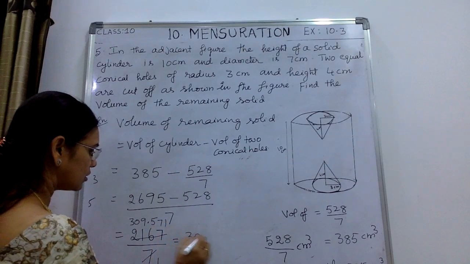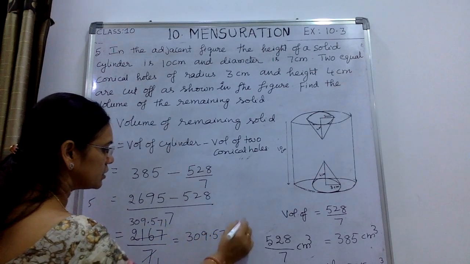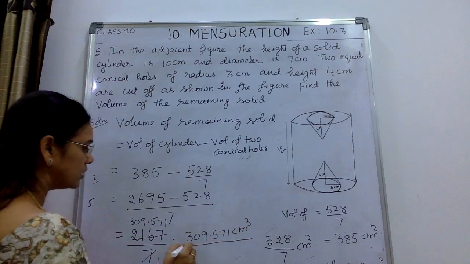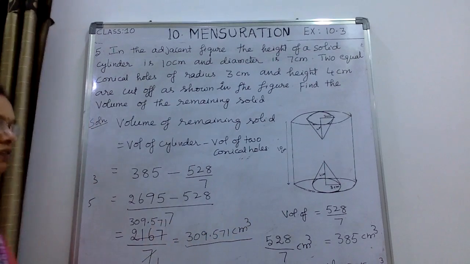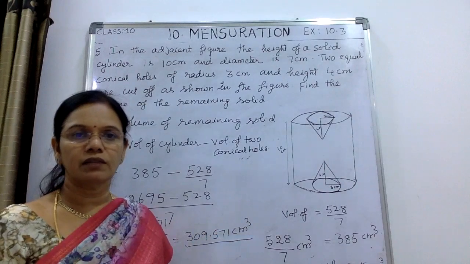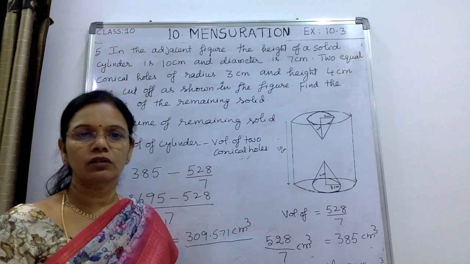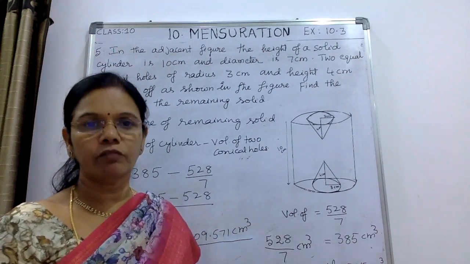So 309.571 centimeter cube. This is the volume of the remaining solid after extracting two conical portions from the given cylinder. So in this way we need to find out the solutions for this type of problems.